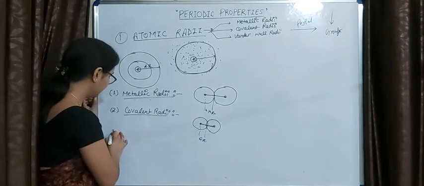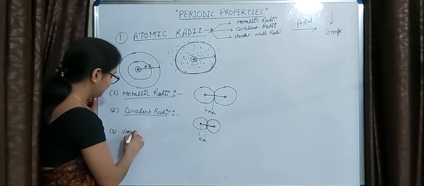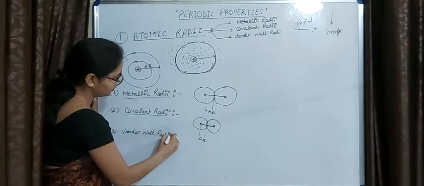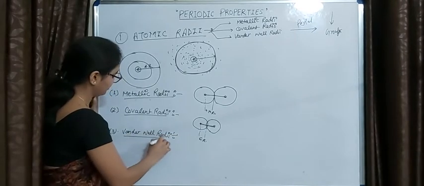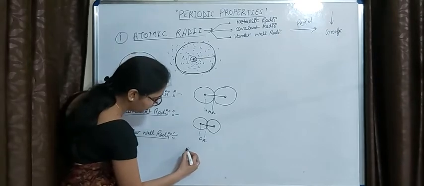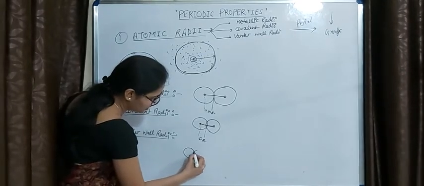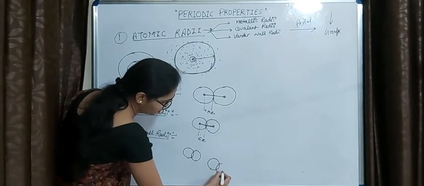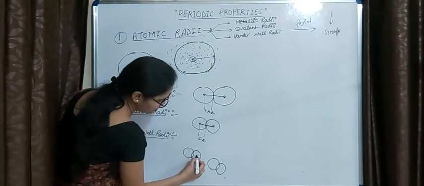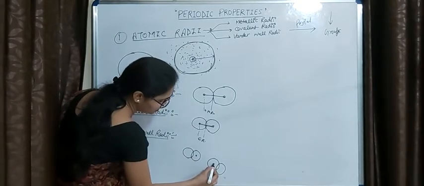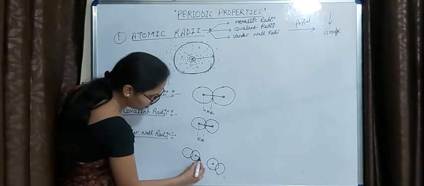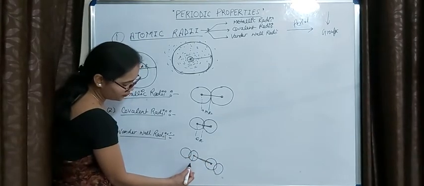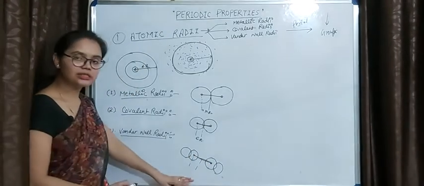Now third is van der Waals radii. To explain van der Waals radii, suppose this is one molecule and this is a second molecule. This is the nucleus of this atom and this is the nucleus of this atom, and this is the internuclear distance between these two nuclei.